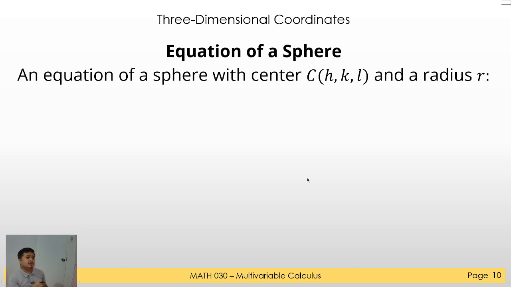Now, how do we find the equation of a sphere, knowing that we have the distance? A sphere is a locus of points that are equidistant from the center, at a constant distance.